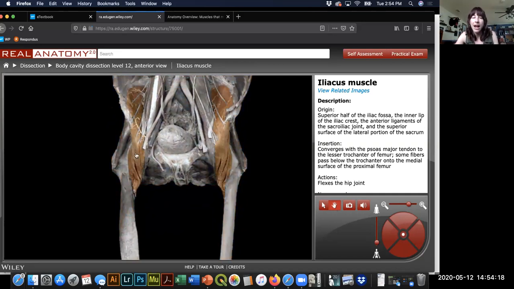And when it contracts, along the fascicles, along those muscle fibers, it's going to contract lengthwise, and it's going to pull your leg up like a marching kind of a thing, okay? So it is deep inside of the hip, attached on the inner edge of the iliac crest, and inserting on the femur here, so that when it contracts, it is pulling your leg up like this, okay? So that you would consider to be flexion of the hip, okay? So you're flexing the hip here.